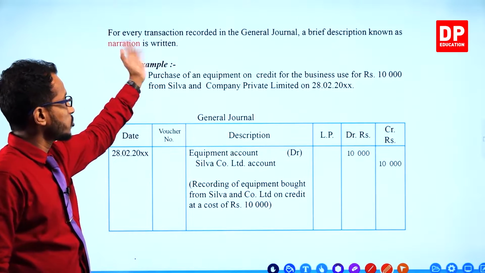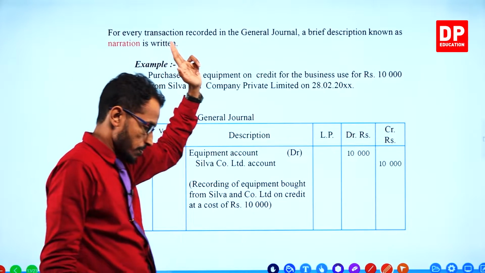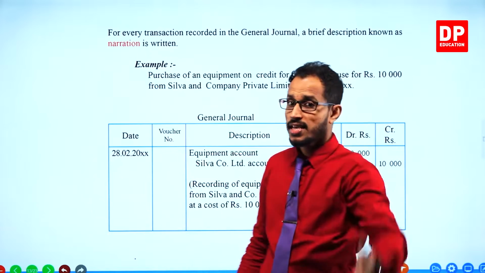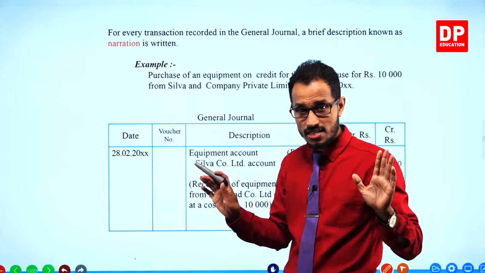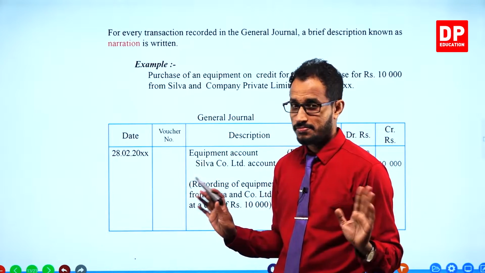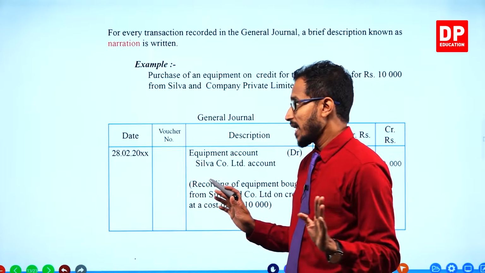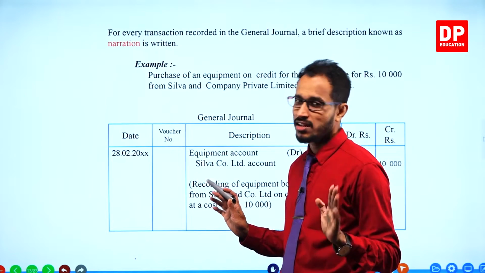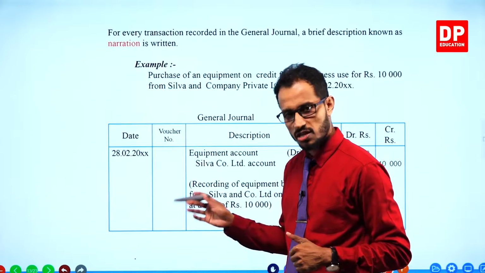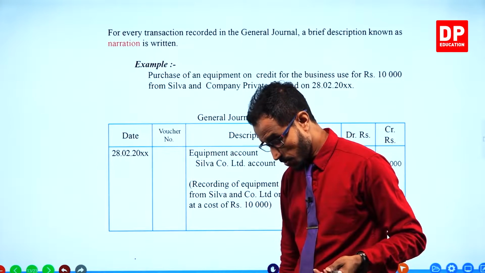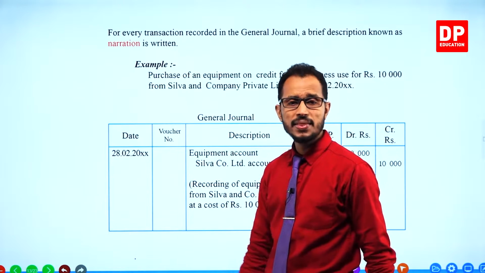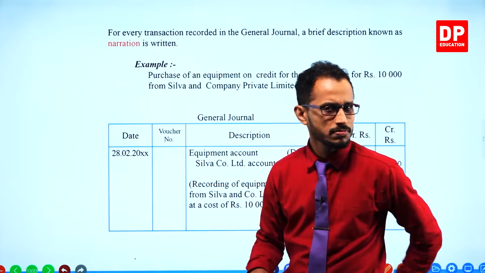This journal, the general journal, I told you that it is not a specialized journal. It is a general purpose journal, so that is why it is called the general journal. But children, there is something special regarding this.